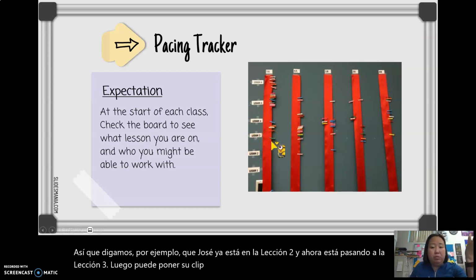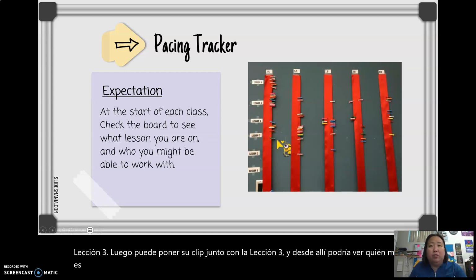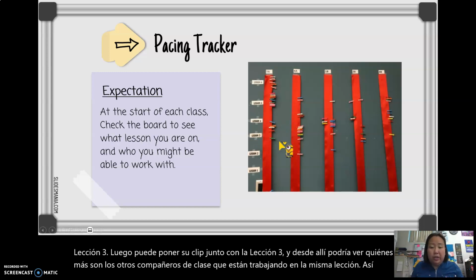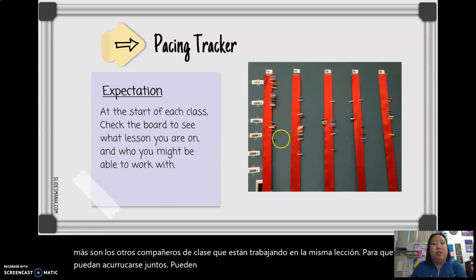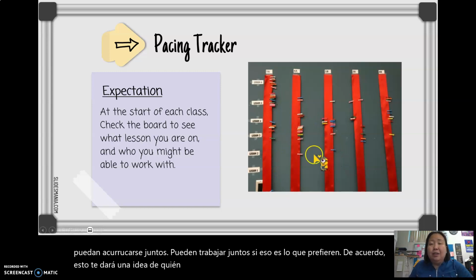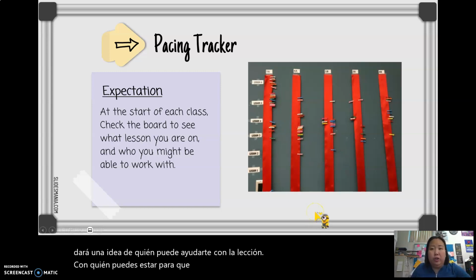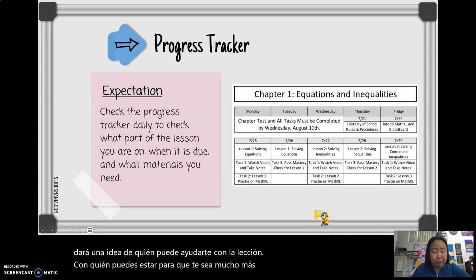And from there, he would be able to see who else are the other classmates that are working on the same lesson. So you can huddle together, you can work together if that is what you prefer. This will give you an idea who can help you out with the lesson, who you can be with, so that it will be a lot easier for you to learn the materials.